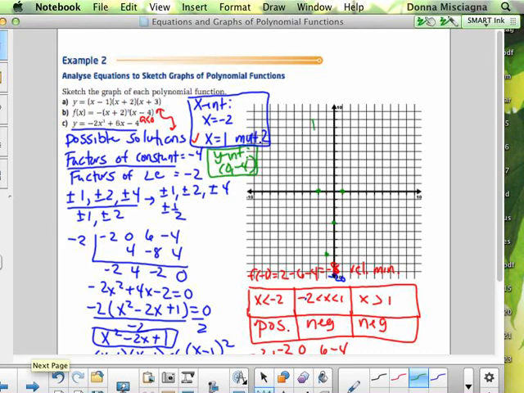We have the negative 2 is multiplicity 1, so we will cross. We will go through our turning point. We'll turn around. We'll hit the y-intercept along the way. And then this is multiplicity 2, so we turn. And there we go. And you can see we have that same shape as we just sketched out, just to give us an idea of the shape of our graph.